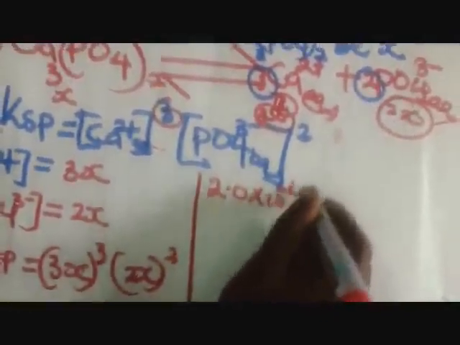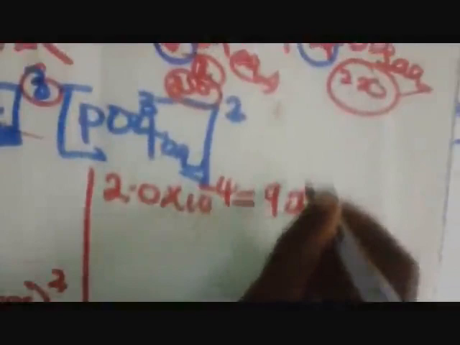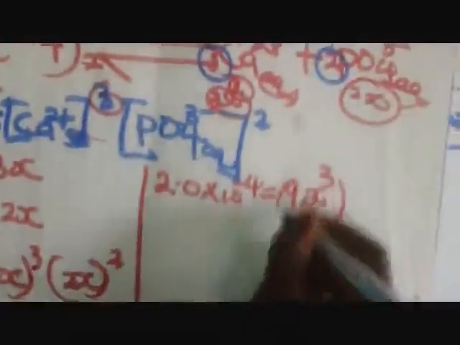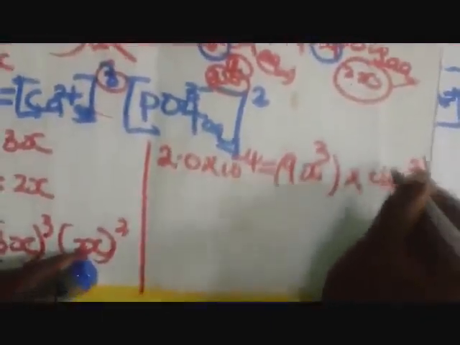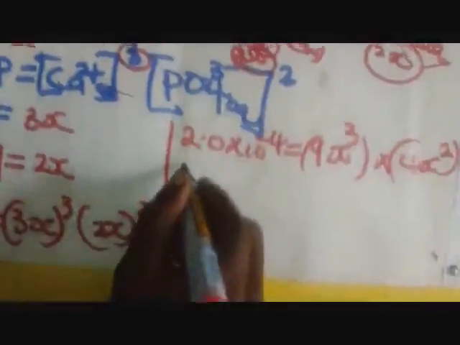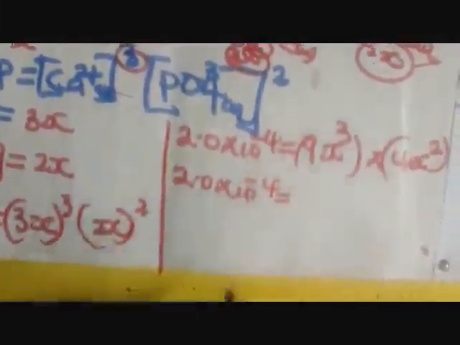So you have 2.0 times 10 power negative 4 is equivalent now to our 9x cube, now we are cubing here, times our 4 x squared.